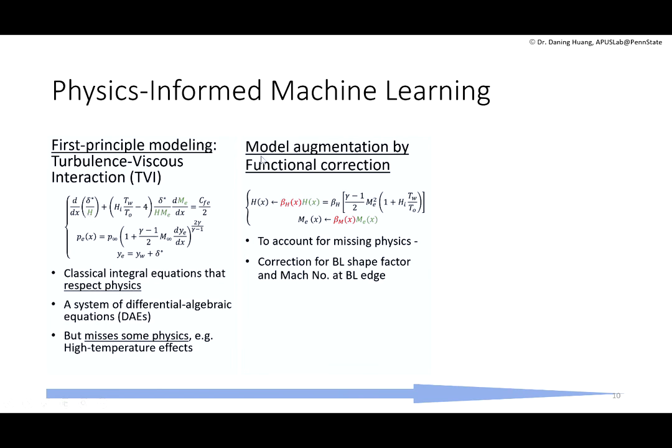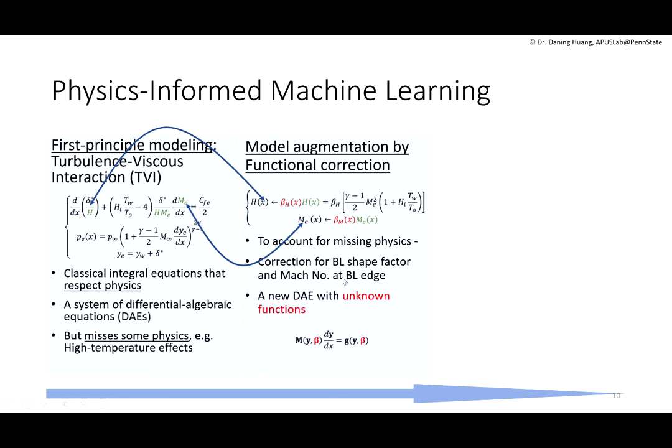And now we want to augment this model by some functional correction terms. The missing physics can be seen as we are not modeling some of the parameters in this model accurately. For example, here we are looking at the shape factor of the boundary layer and some Mach number variable in this model.